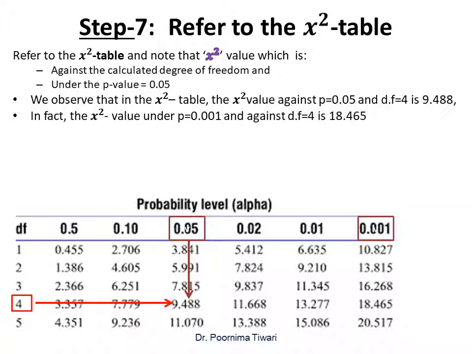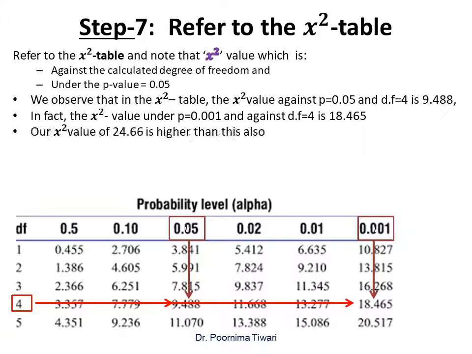In fact, the table chi-square value under p 0.001 against degree of freedom 4 is also only 18.465, and our value, 24.66, is higher than this, so our p-value is less than 0.001 also, and hence the difference is highly significant.